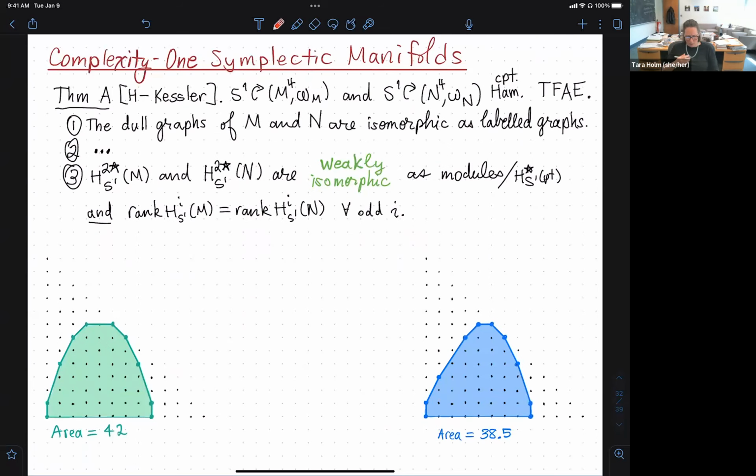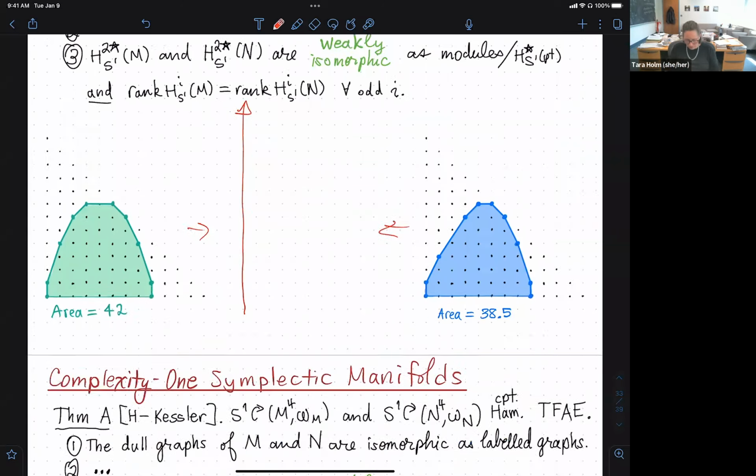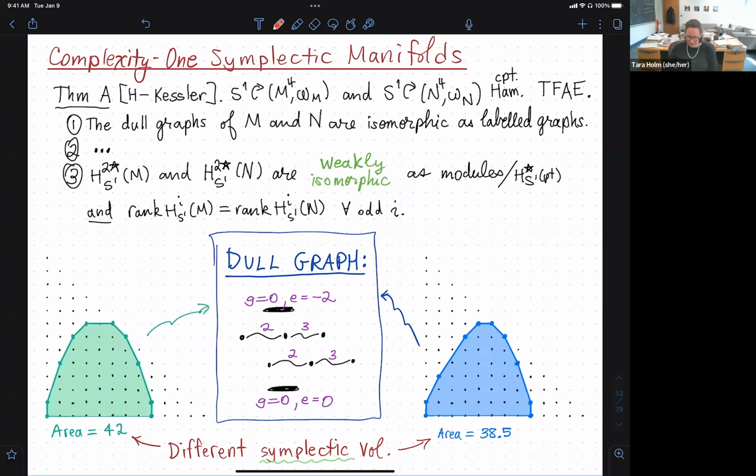And what I want to give you is an example where, in both of these examples, I am thinking about the circle action that corresponds to the moment map for the vertical axis. So here I have a moment map, here I have a moment map. These are both toric varieties, but if I want to think about just the second coordinate circle, they are complexity 1 spaces. And those two manifolds, for those two circle actions, have exactly the same dull graph, and as a consequence of this theorem, they have weakly isomorphic equivariant cohomology modules.